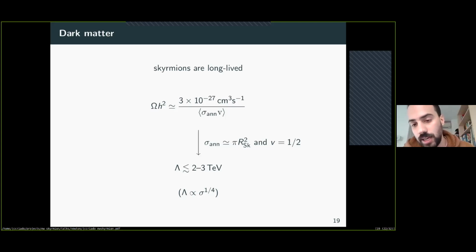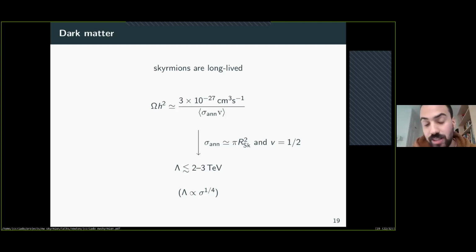We just, as an estimate, took the area of the skyrmion, so pi times the radius of the skyrmion squared, and we got a value of lambda of about 2 TeV. Fortunately, lambda doesn't depend too strongly on the annihilation cross-section. So even varying the annihilation cross-section by one order of magnitude only changes the value of lambda from 2 to 3.